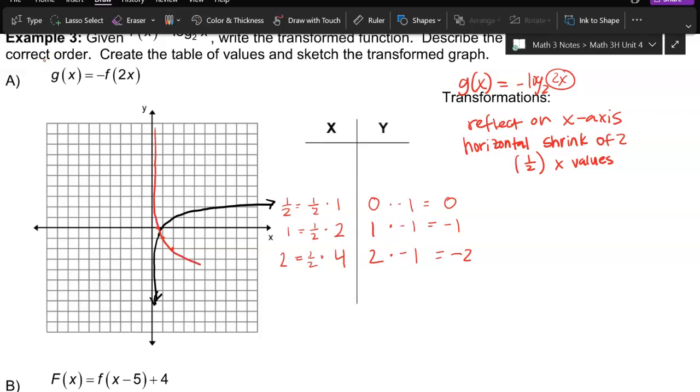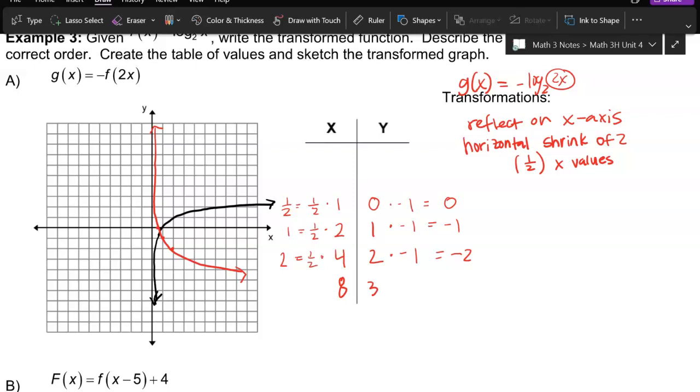So we're going to go in this direction. All right, and then if we had 8, that would be at 3.